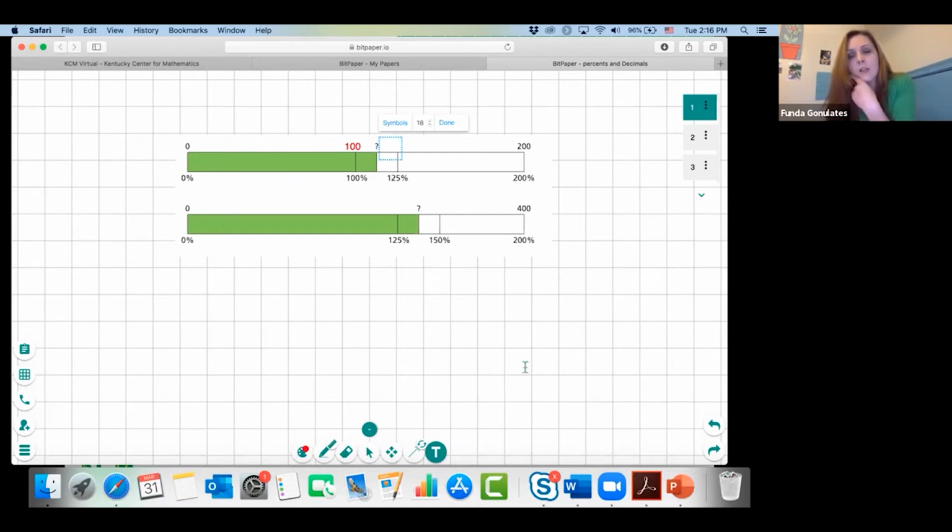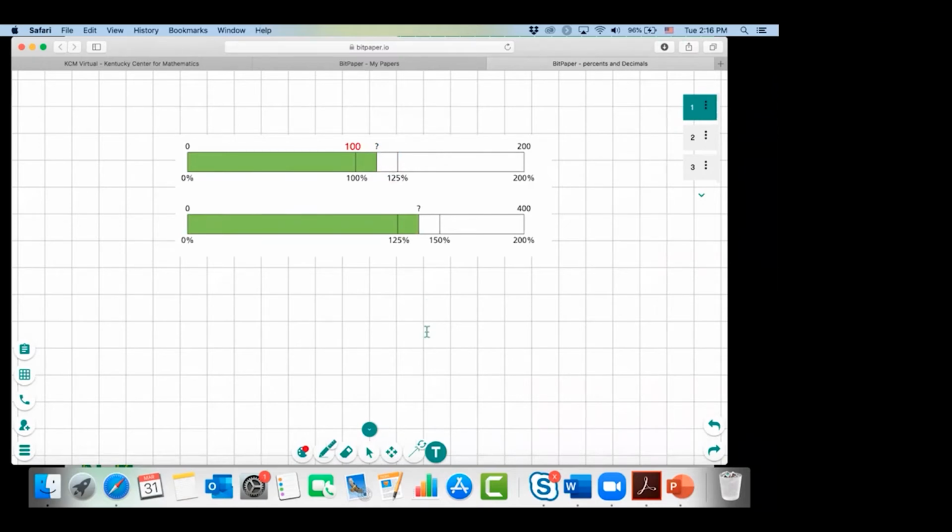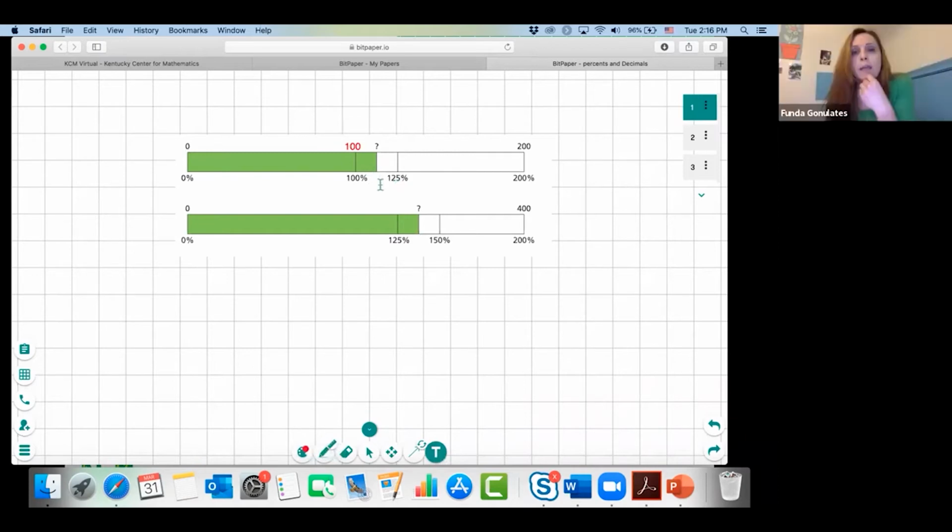Cindy, can you talk about your method as well? That's slightly different from Dakota's. I was more focused on the space, so from 100% to 125% is 25%. So half of that is 12.5%, and then I added that on to the 100%. Okay, so you look at the space, and the space is 12.5%.